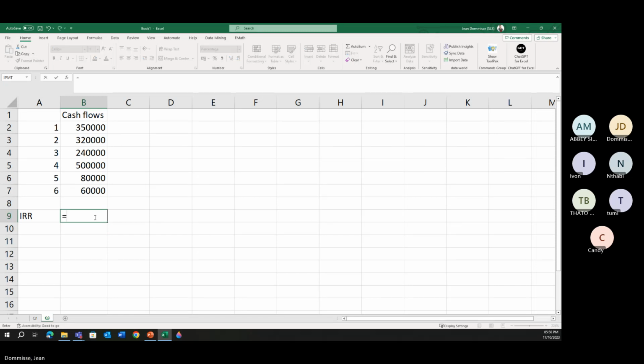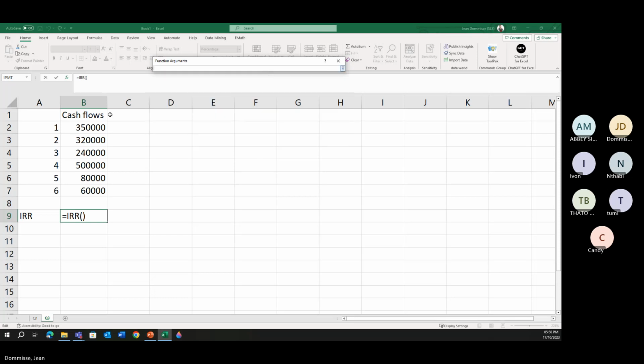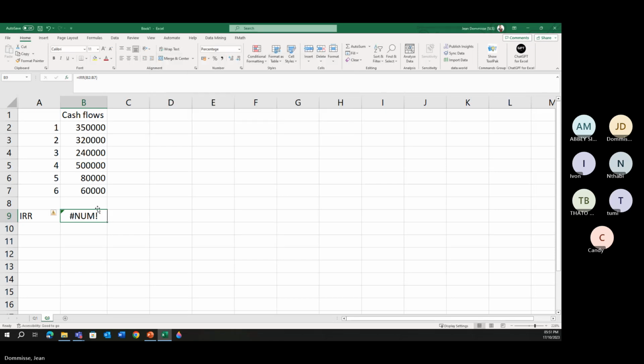Internal rate of return. Okay, but yeah, so this is strange.